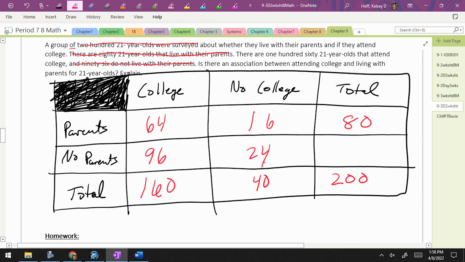Good. Very good. And another way you could have checked that is 96 plus 24 should give you 120.